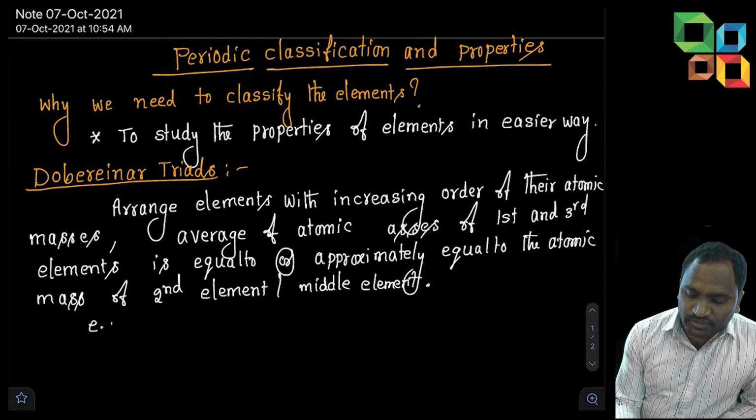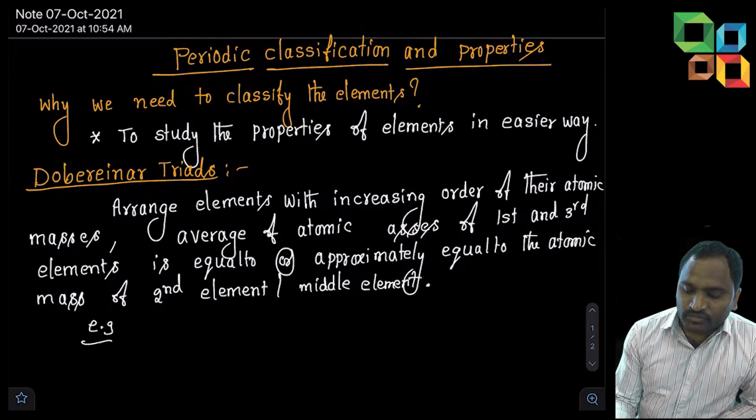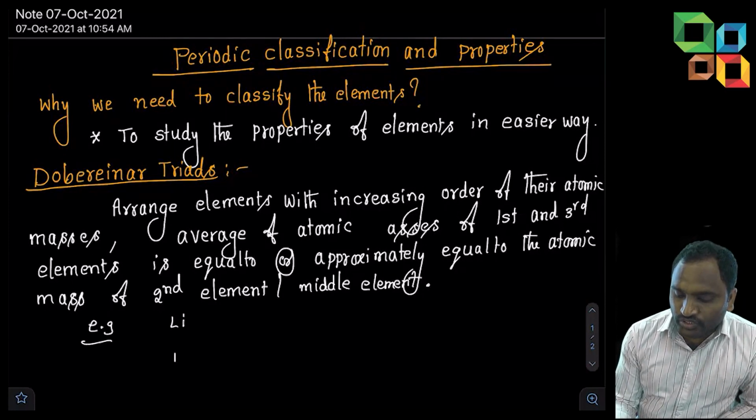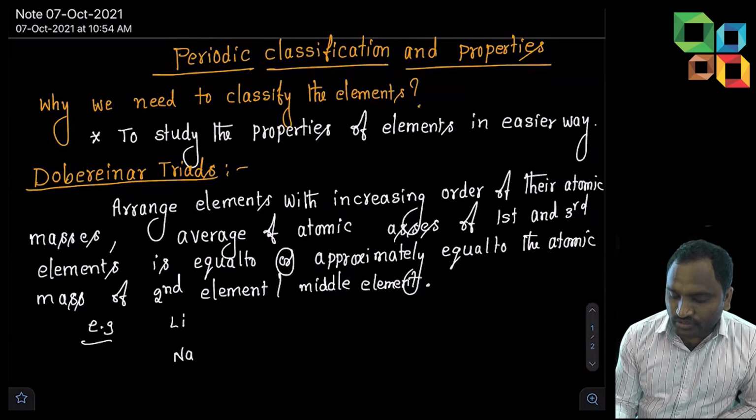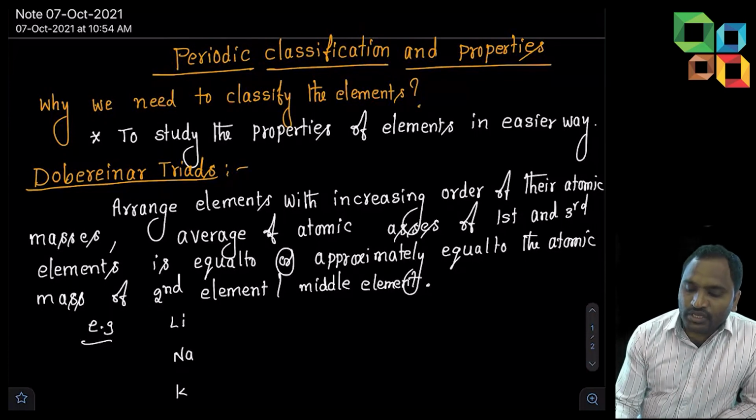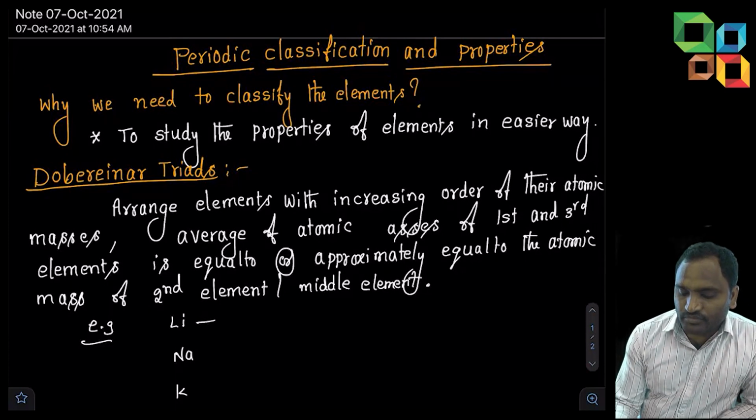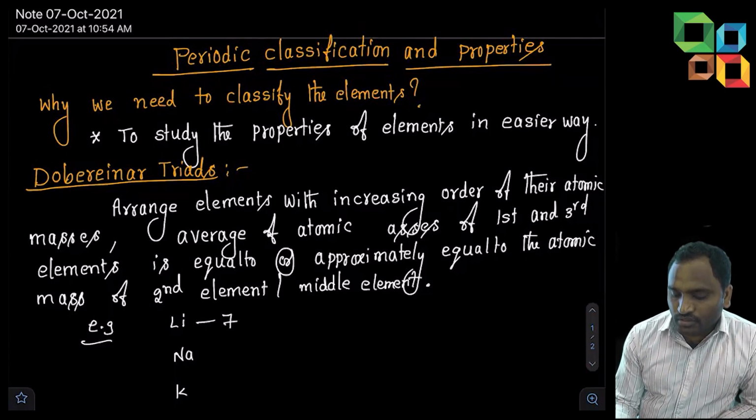Example for this, if I give an example, you can understand better. Lithium, sodium, potassium. Lithium atomic mass is 7, potassium atomic mass is 39.